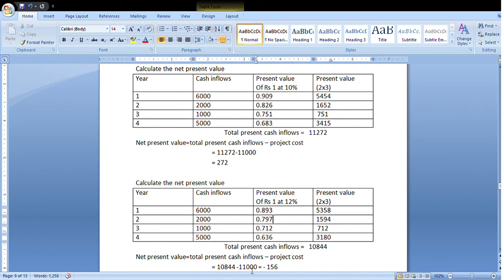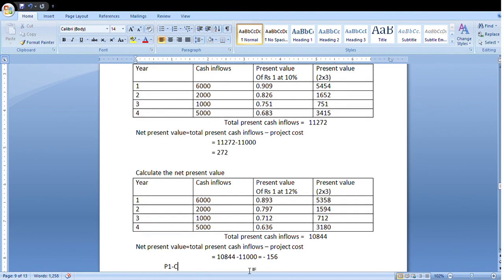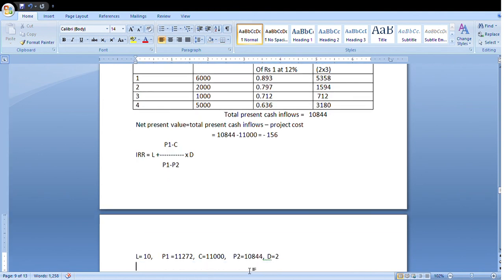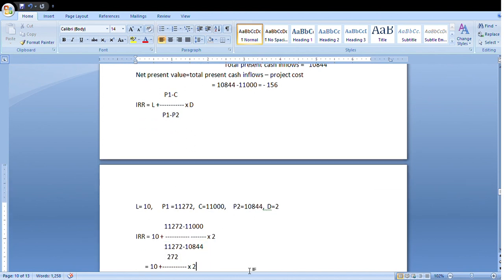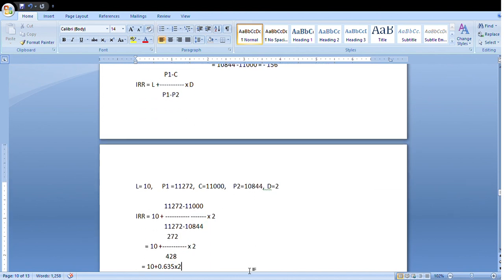Next we apply all the values in the formula. Internal rate of return is equal to 10 plus (11,272 minus 11,000) divided by (11,272 minus 10,844), into 2.